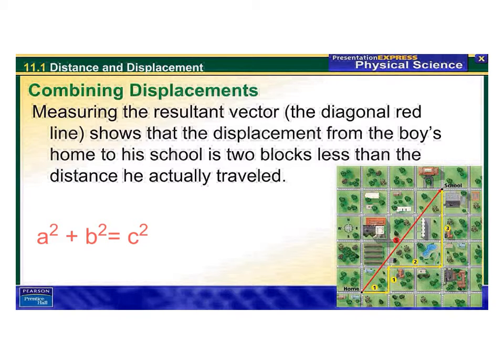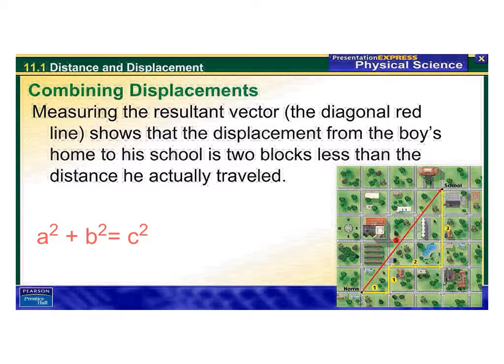Now let's look at a little bit more complicated question. What if the movement between our final point and our initial point is not along a straight line as indicated by this red line, but actually our person travels 1 block to the east, 1 block to the north, 2 blocks to the east, 3 blocks to the north.